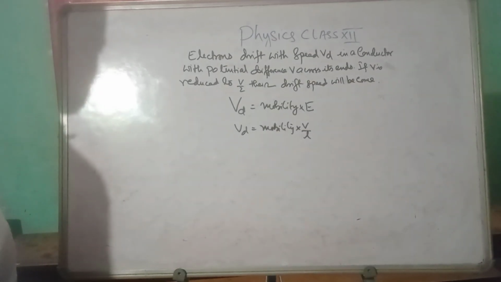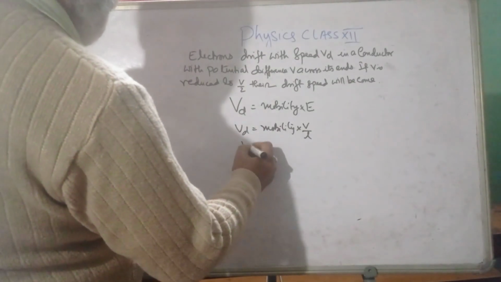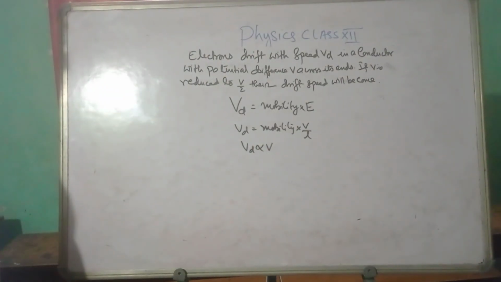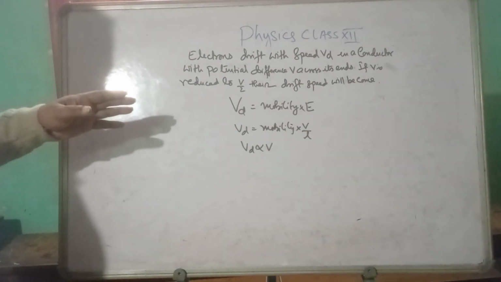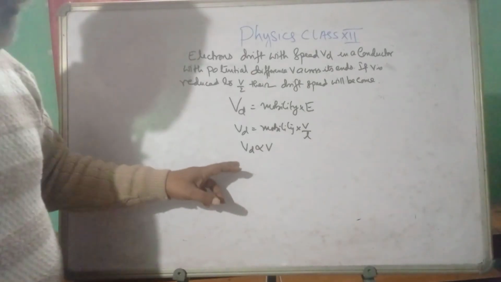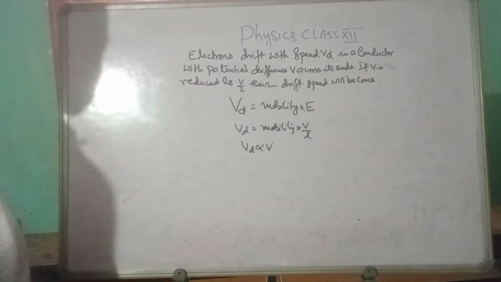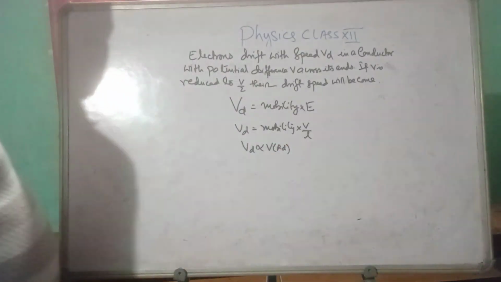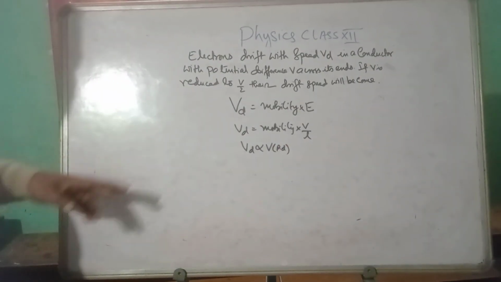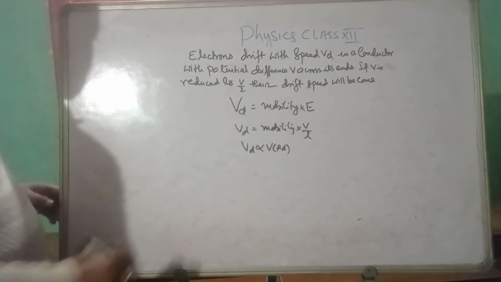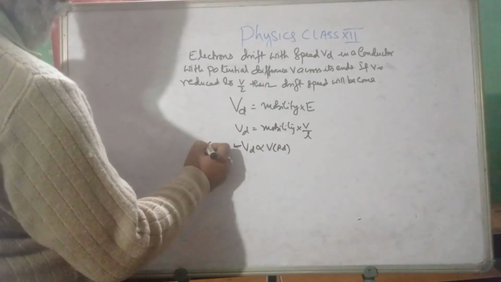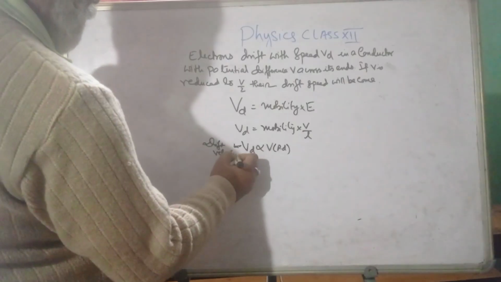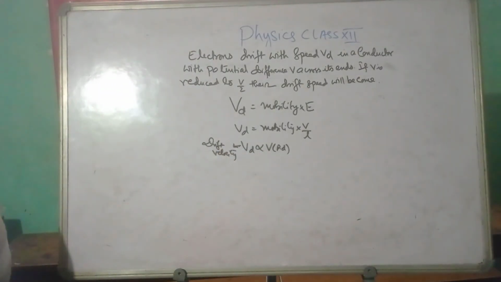So here we see that Vd is proportional to V. This is drift velocity, this is potential difference. Remember this. So your drift velocity is proportional to potential difference.